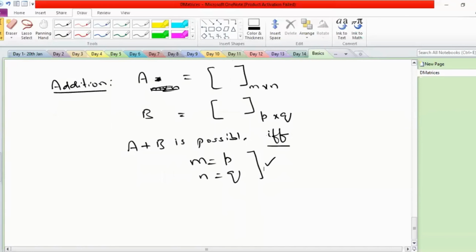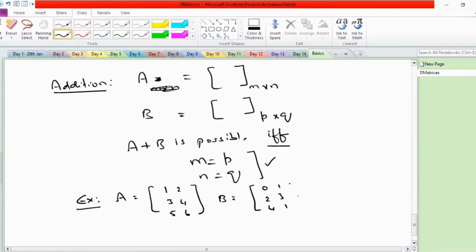Suppose, for example, A is 1, 2, 3, 4, 5, 6 and B is 0, 1, 2, 3, 4, 1. This is 3 by 2 and this is 3 by 2.